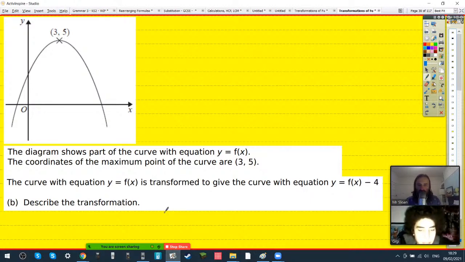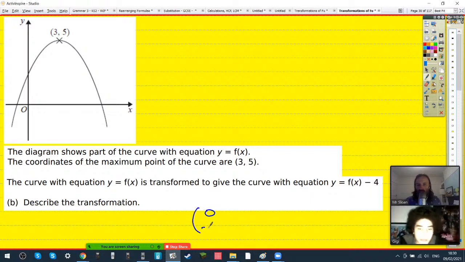We did question A, so this is now question B. Is translated by 0 minus 4.